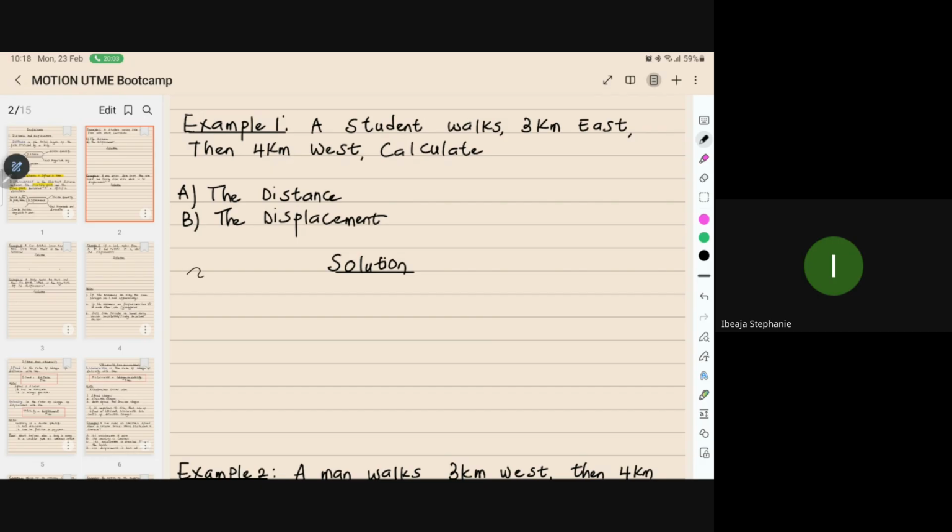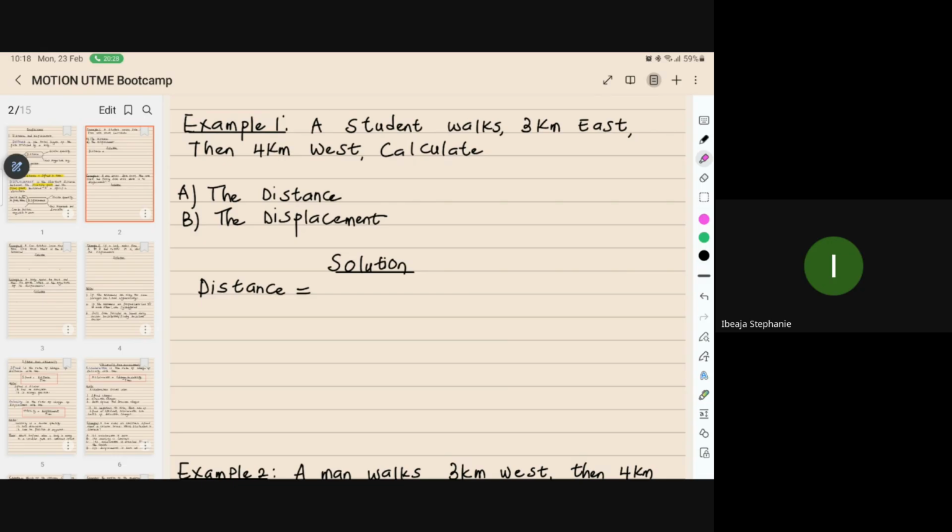Which means the distance will be equal to the total length that this person traveled. This person, first of all, moved how many meters? He traveled 3 kilometers at first. For some of you, you don't stay in one place. I know most of you, right? You keep going from one place to another.